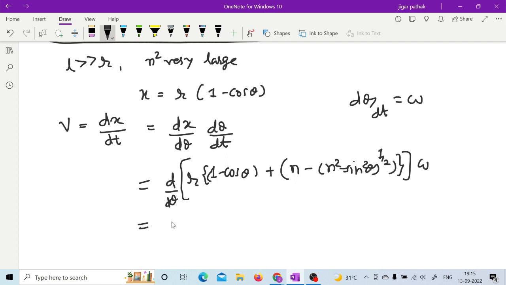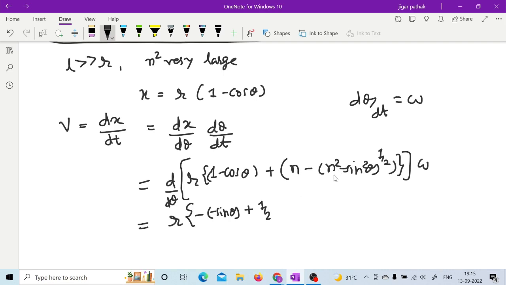If you differentiate it, then differentiation of 1 will be 0, and differentiation of minus cos theta will be plus sine theta. For n it will again be 0.